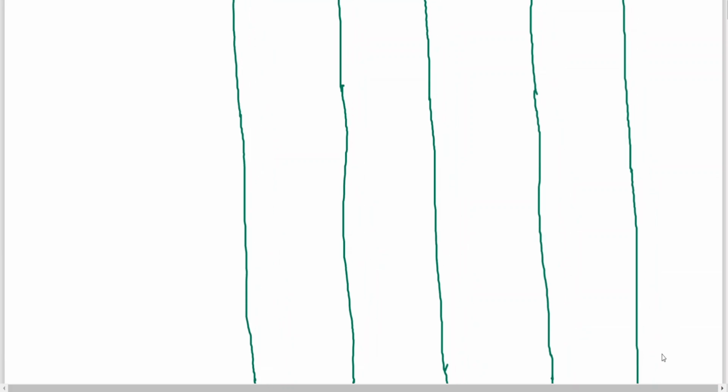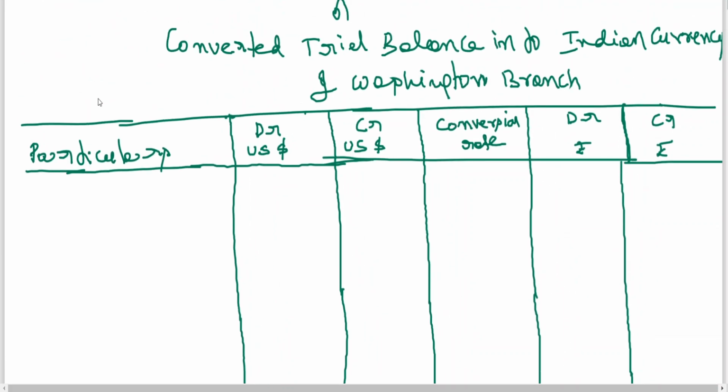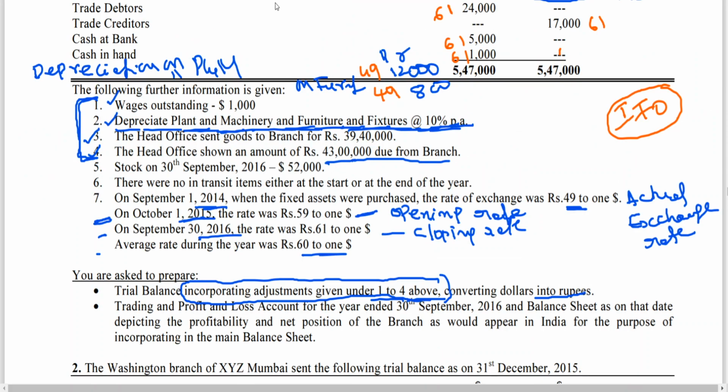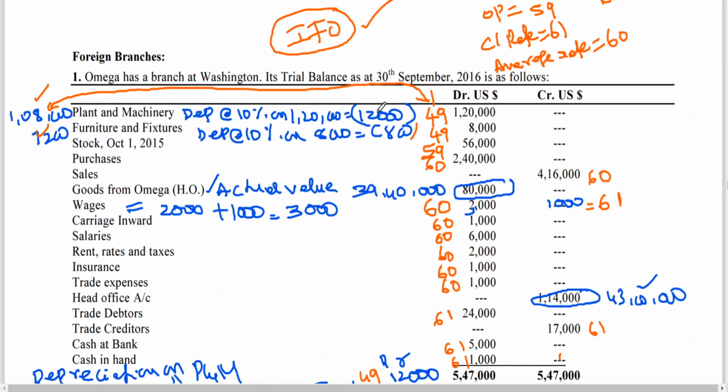So let me start with first information. I told you plant and machinery, after depreciation. So plant and machinery, what I am writing here, is coming to 1,08,000.